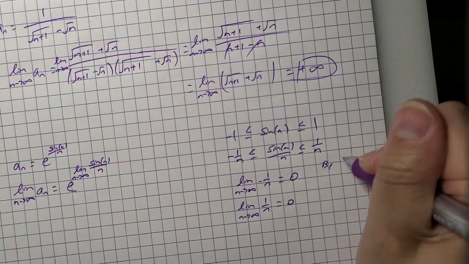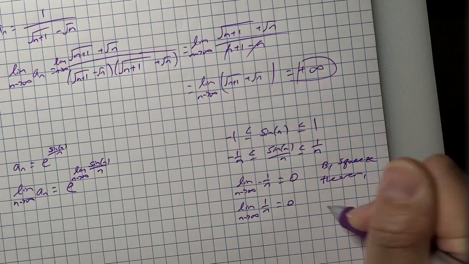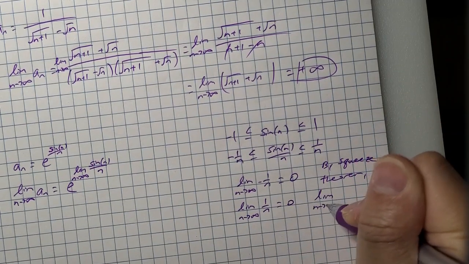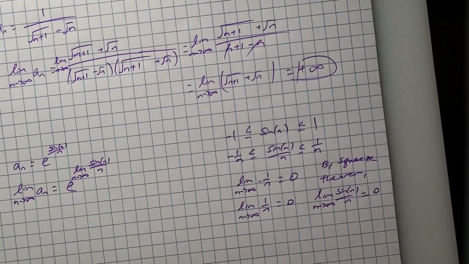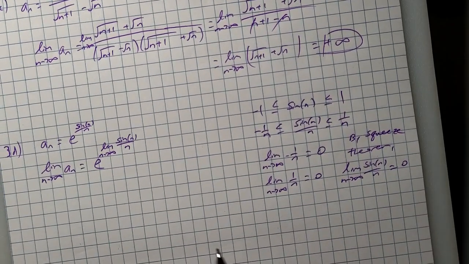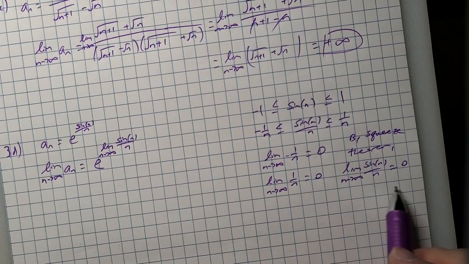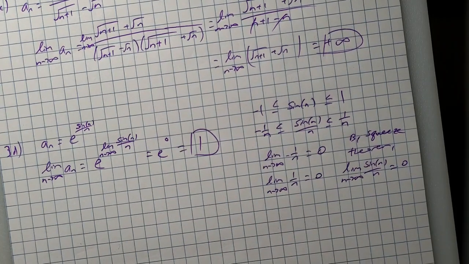So by the squeeze theorem, the limit as n goes to infinity of sine n over n is also equal to 0. So you have to write this by the squeeze theorem. Okay, so we found this limit. This is just e to 0, which is 1. So it converges to 1.